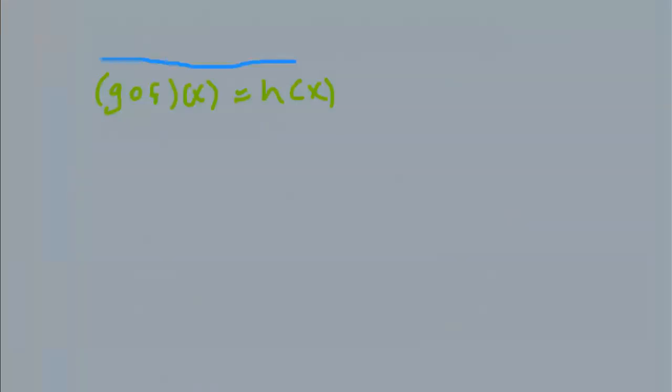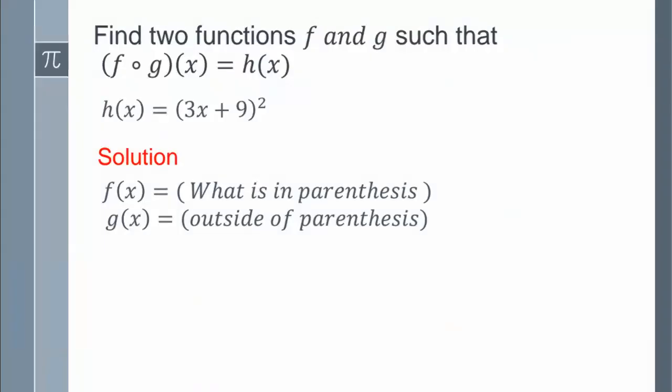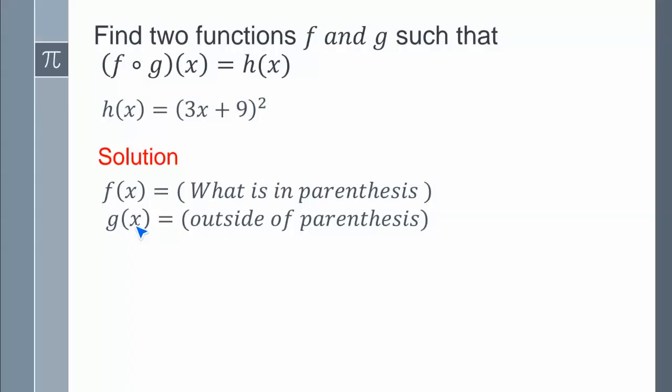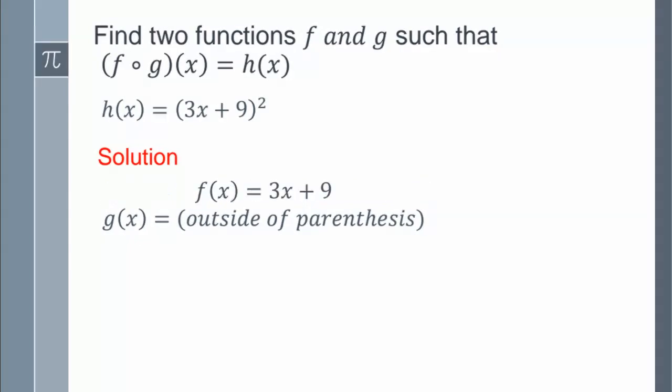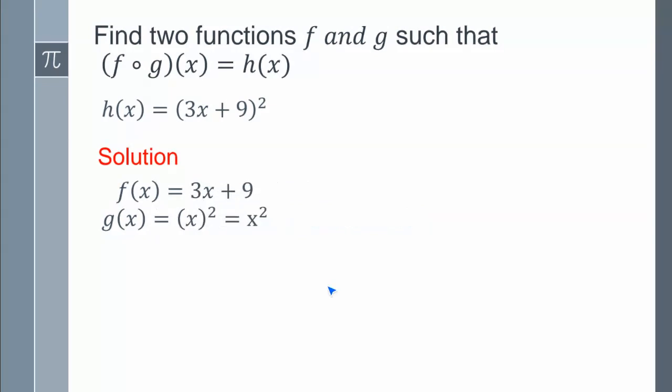One kind of easy way to look at this is you can pick two things here. f of x could be what's in the parentheses, and g of x can be what is outside of the parentheses.